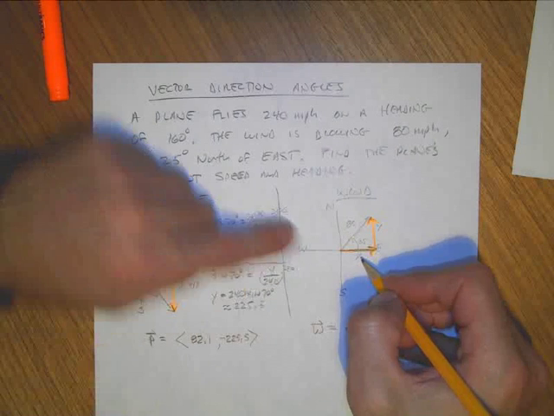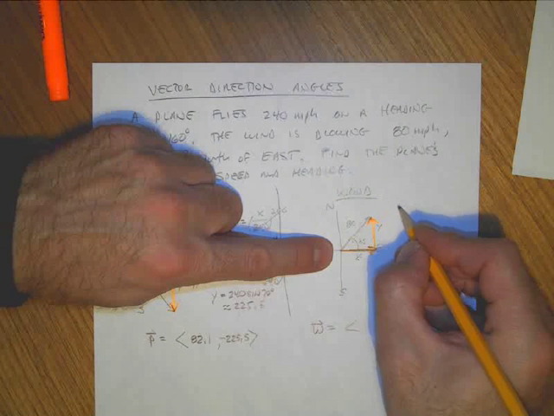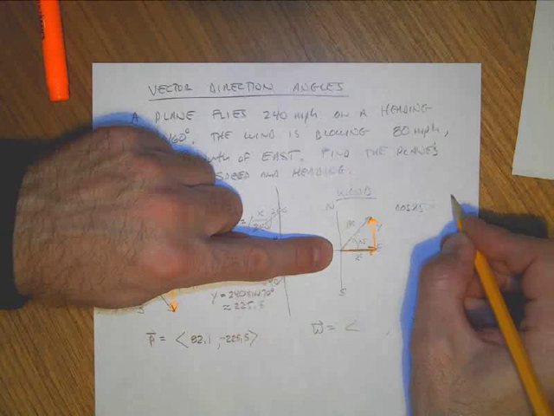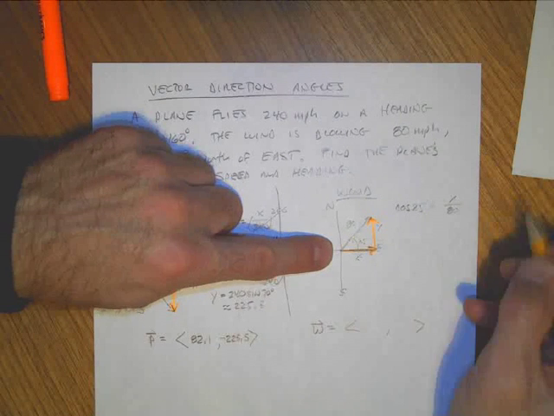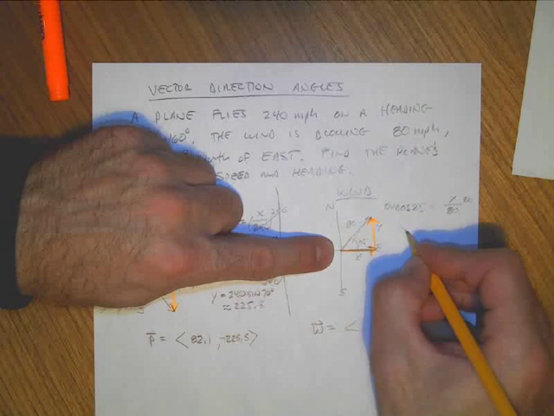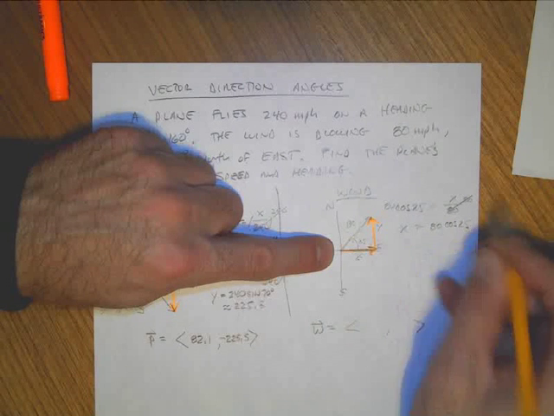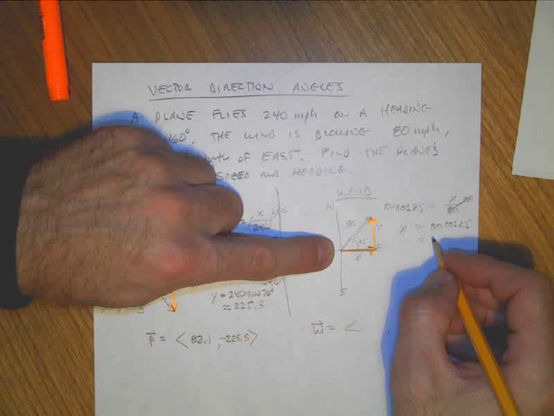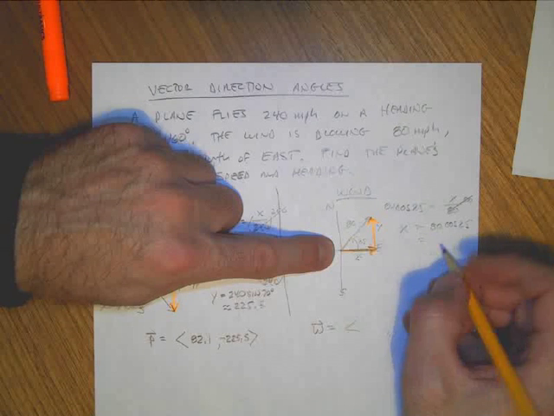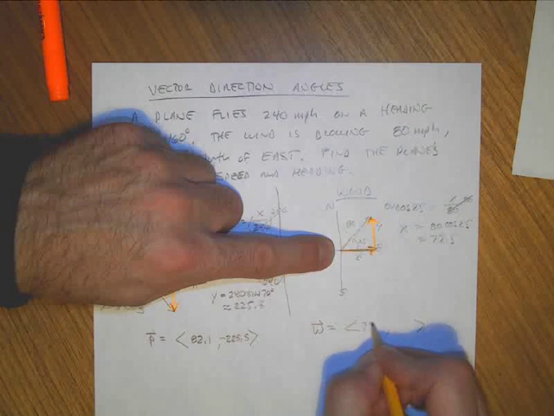So let's do the x first. That's adjacent over hypotenuse, so that's cosine. Cosine 25 is adjacent x over our hypotenuse 80. Multiply both sides by 80, and we will get x equals 80 cosine 25. And when you multiply that out on your calculator, you'll get approximately 72.5. So let's write that in.